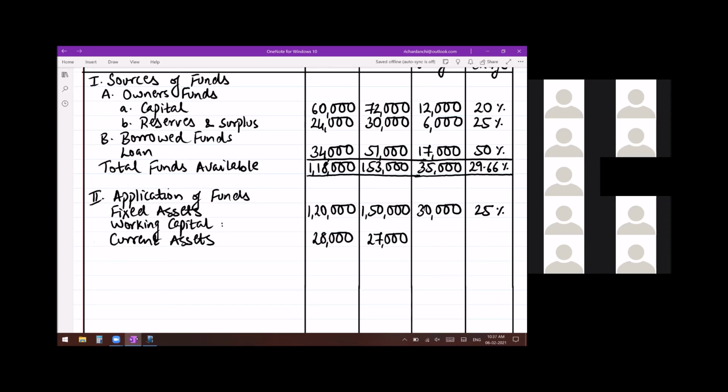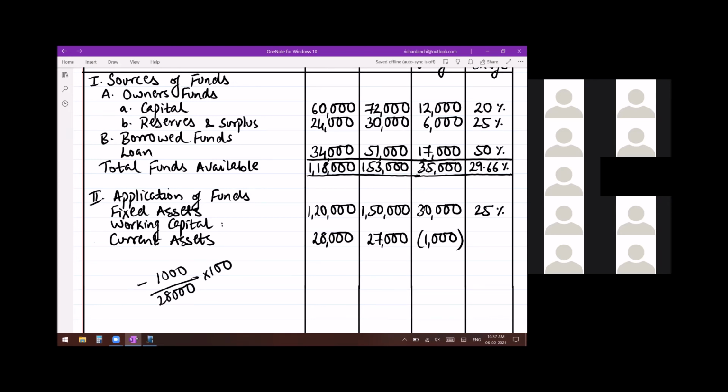Minus 1,000, and minus sign is always indicated by a bracket. So put it in a bracket, 1,000. Which means your percentage also is going to come with a minus sign. How do you do that? It will be 1,000, which is minus, divided by previous year, that is 28,000, into 100.